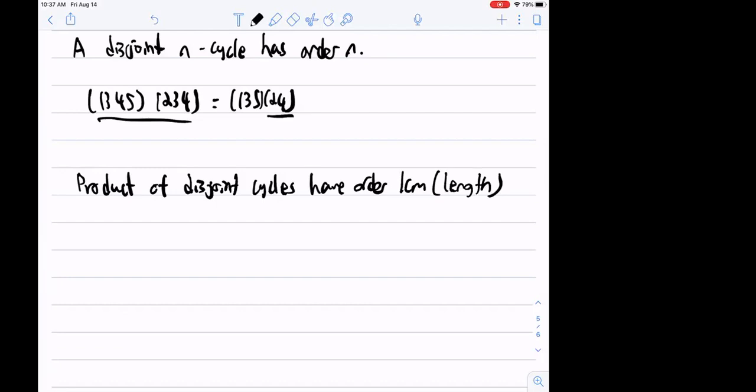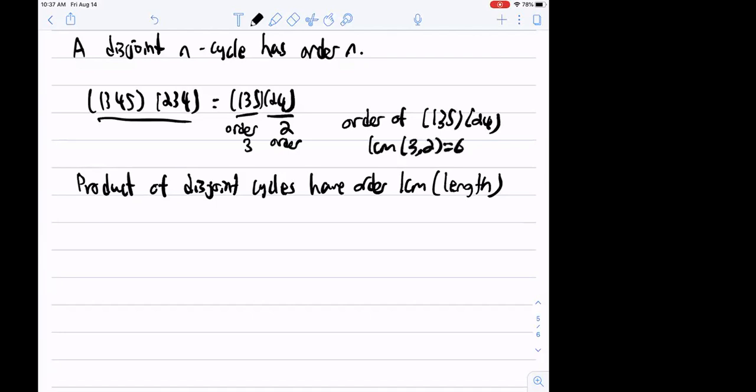So this has order 2, and this has order 3. So the order of (1 3 5)(2 4) is the LCM of 3 and 2, which is 6.